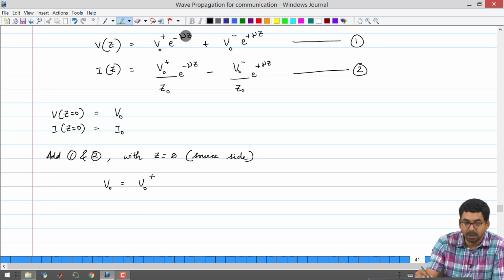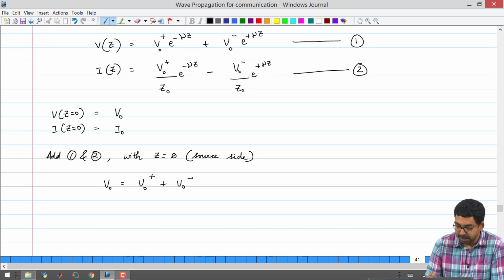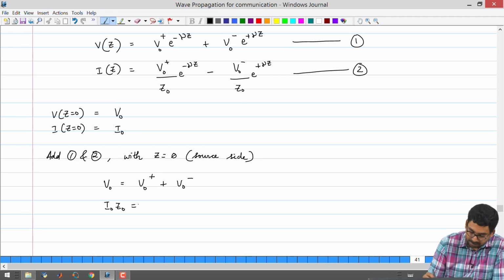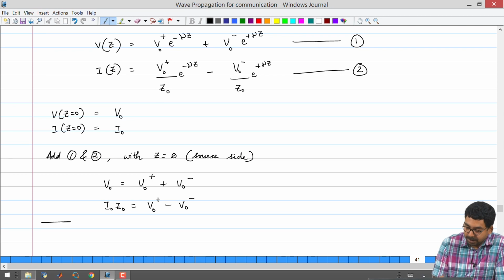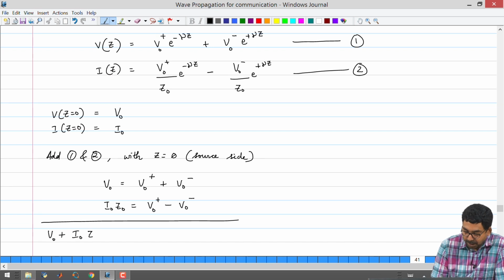So, this exponential is equal to 1, so that exponential does not appear in this simplified expression, plus V naught minus, this will become the reduced form of 1 at z equal to 0, and then I will be having I naught Z naught equal to V naught plus minus V naught minus, and I am just going to take the sum of these two. So, I am going to have V naught plus I naught Z naught is equal to 2 times V naught plus.